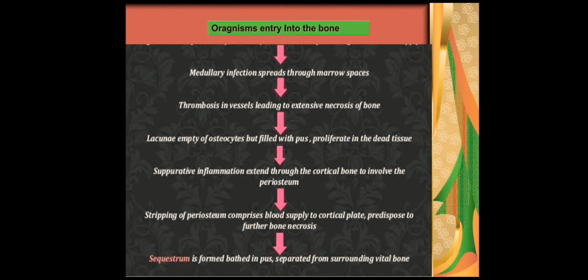Then there are bacteria like E. coli, Pseudomonas and Klebsiella, which enter through genitourinary tract infections and also through venous channels in intravenous drug abusers.